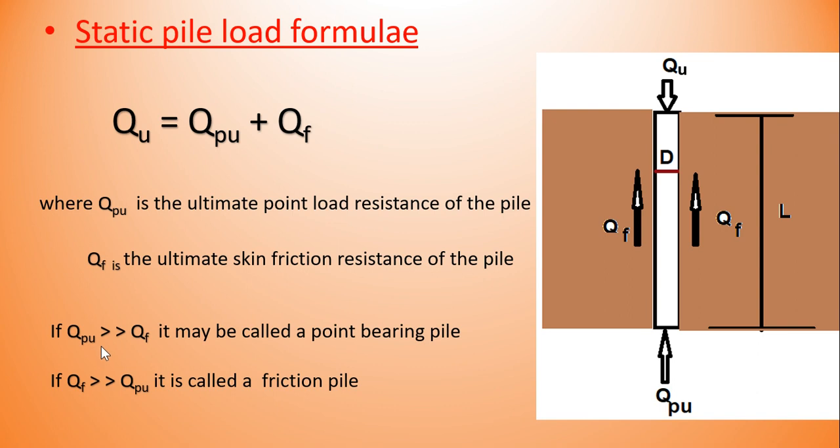If QPU is much greater than QF, then it may be called a point bearing pile. If QF is much greater than QPU, it is called a friction pile.